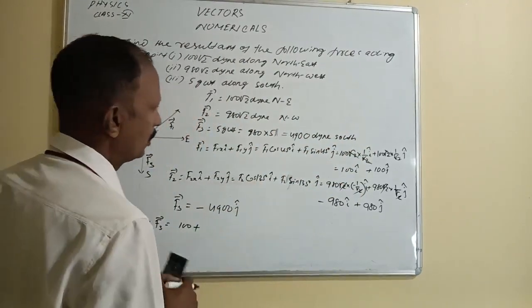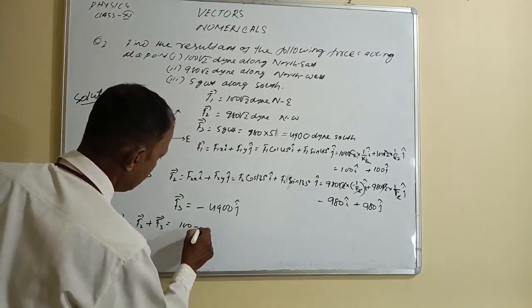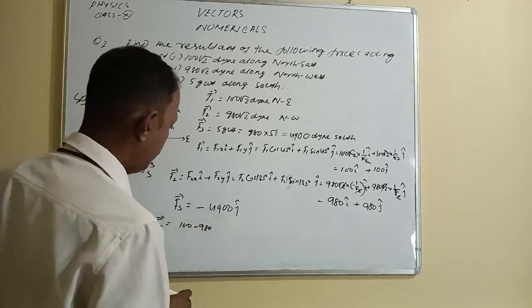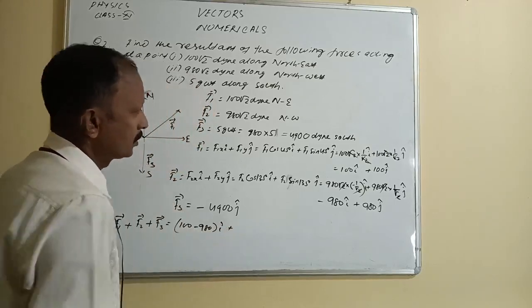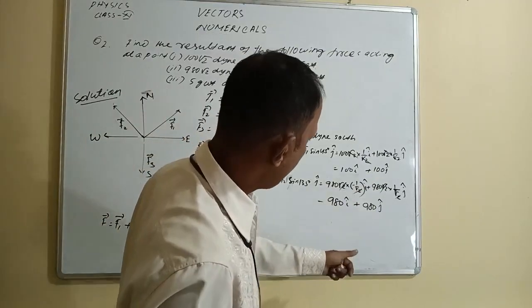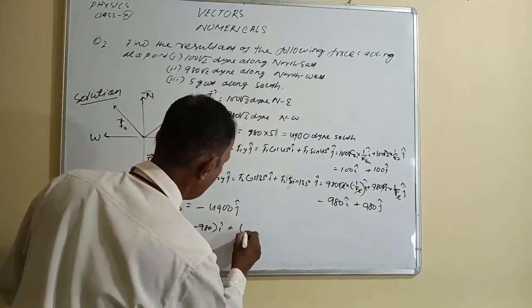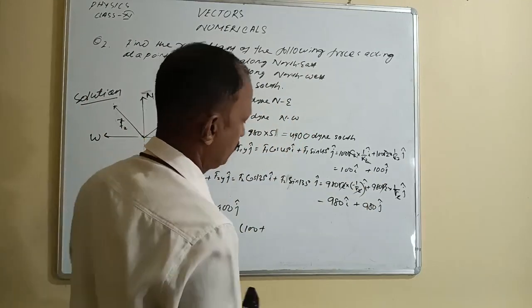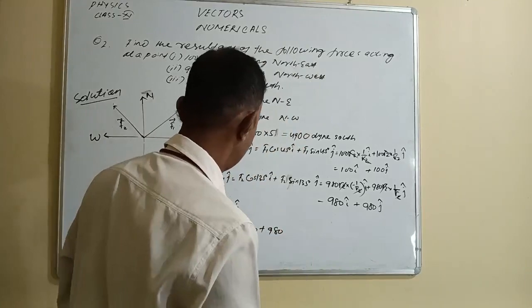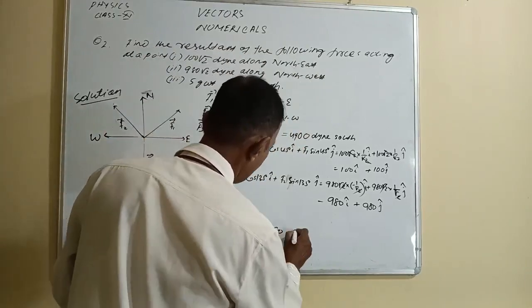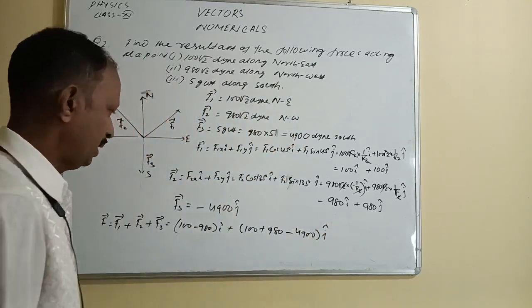So this is 100 minus 980 i cap, plus the y components: 100 plus 980 minus 4900 j cap. I think I have written correctly.